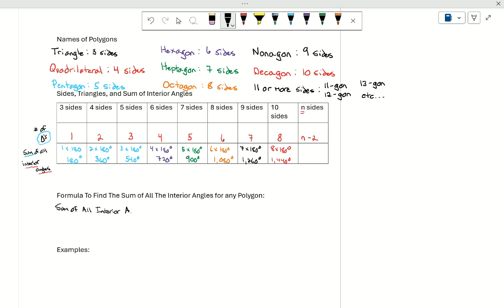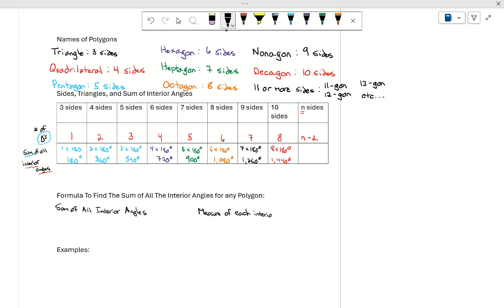And the second formula is going to be for the measure of each interior angle.